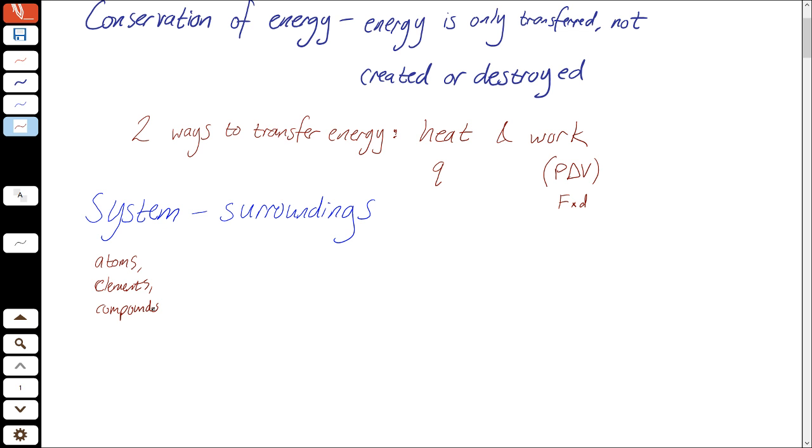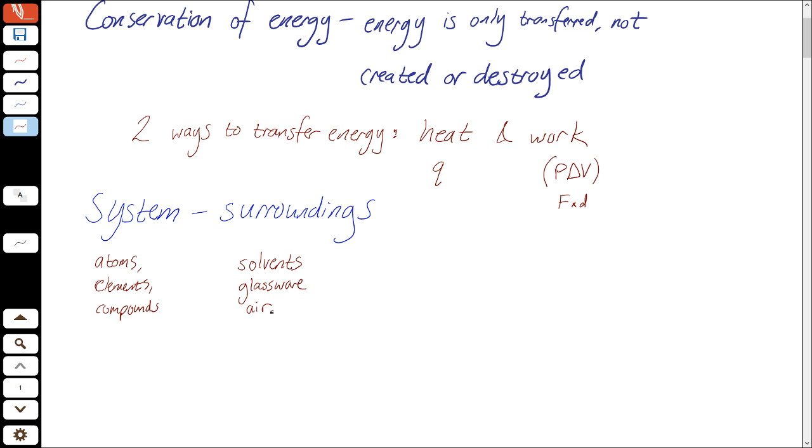So usually in chemistry we talk about the system as the atoms, elements, and compounds, and the surroundings as things like solvents, glassware, the air, whatever, stuff that's not those.